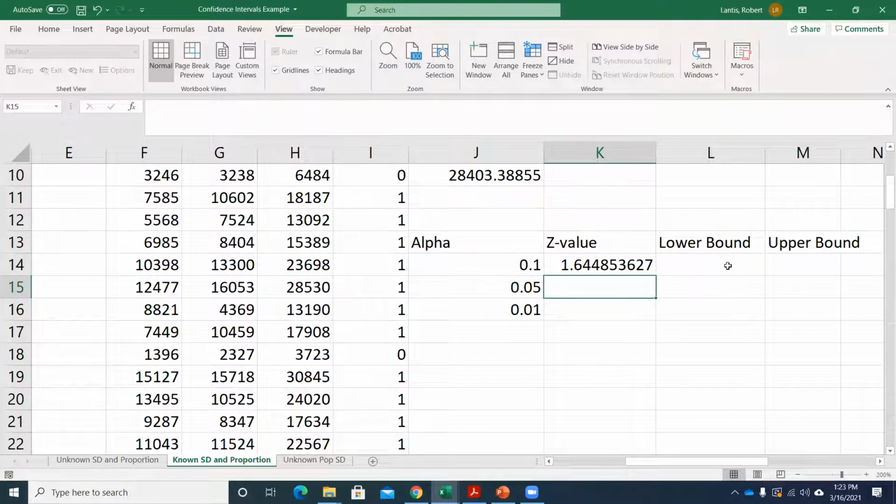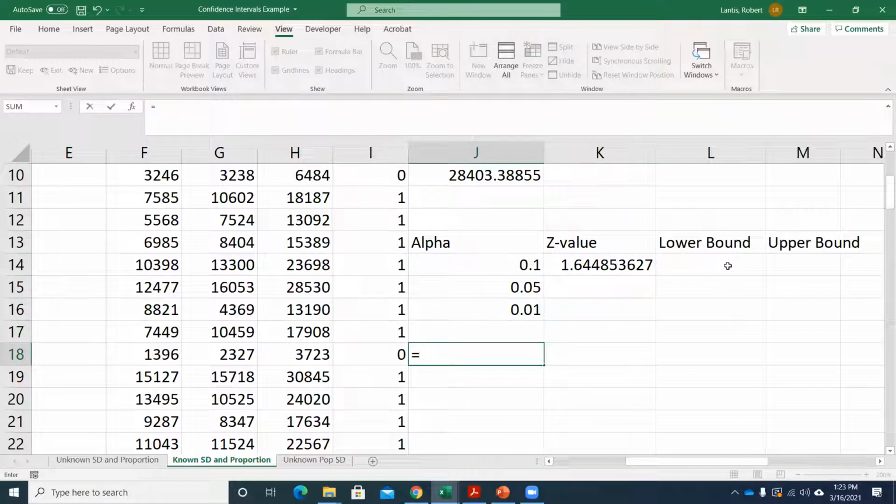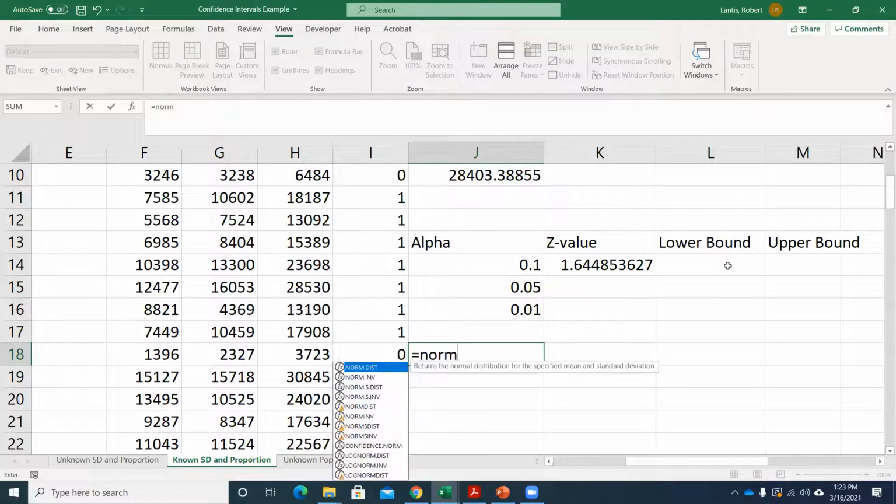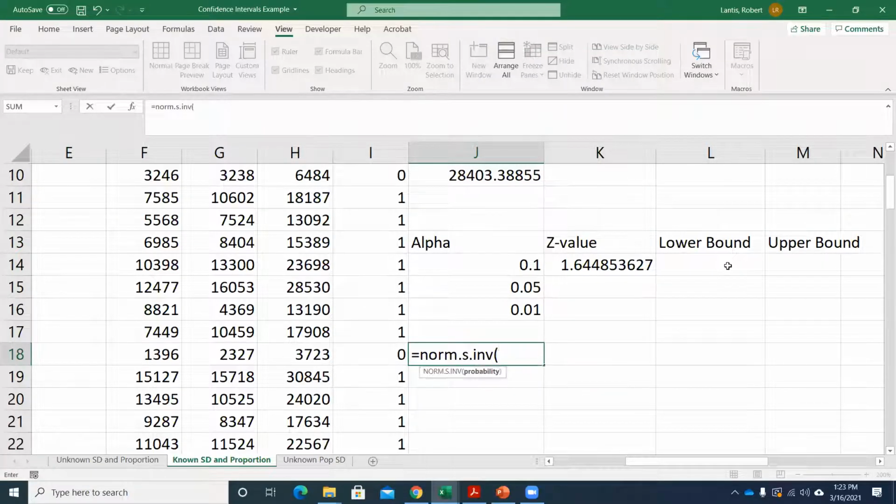Now the other way I could have done this, and I'll do it down here, I could have used that norm.s.inv. If I told it alpha over 2, it gave me negative 1.64. Well, if I wanted alpha over 2 in that lower left tail, what area did I also want in the upper right tail? Alpha over 2, right? I had two sides, both had alpha over 2.